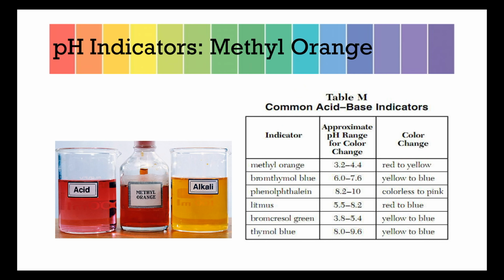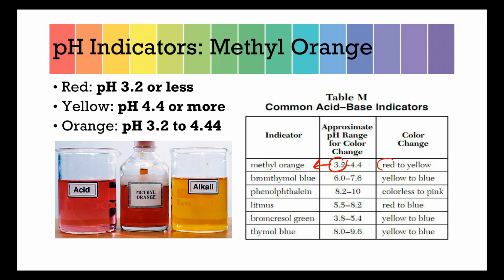The first one is methyl orange, and it is red if you have a pH of 3 or less. It is yellow if you have a pH of 4 or more. And if you're in the middle of that range, you're orange. So how this works: this first number and everything lower, you're red.